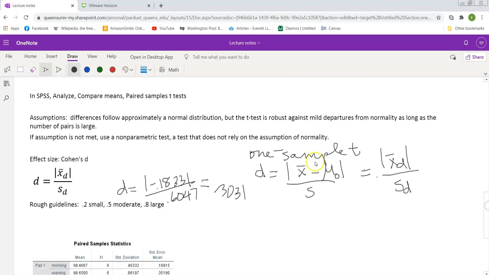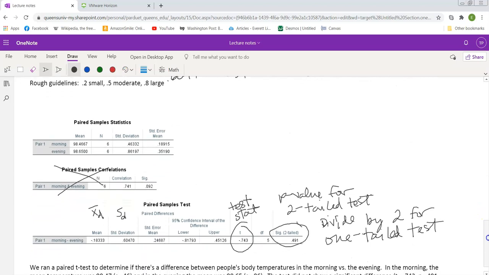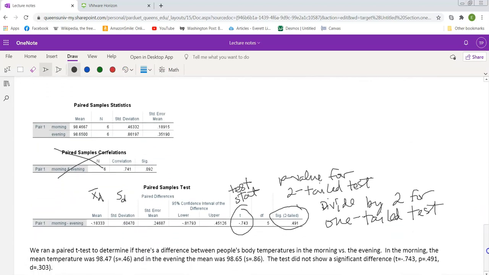What I do want you to do is check the assumption of normality only if I say so in the problem. Do the effect size if it's significant. You don't have to do the effect size if it's not significant. And then do the write-up.